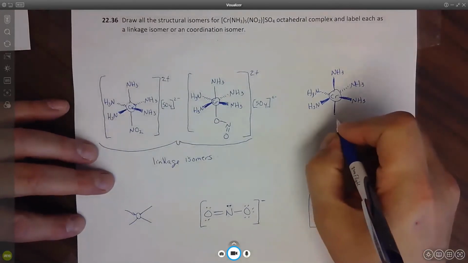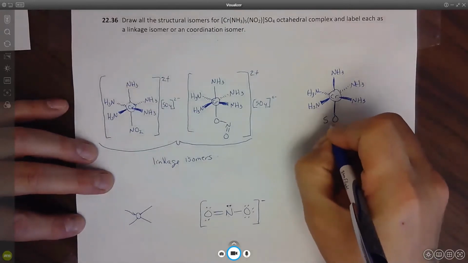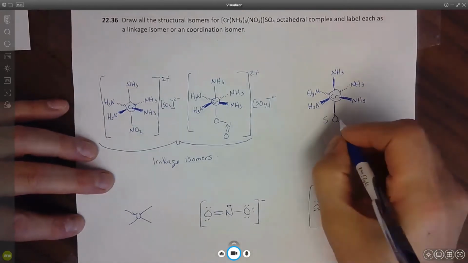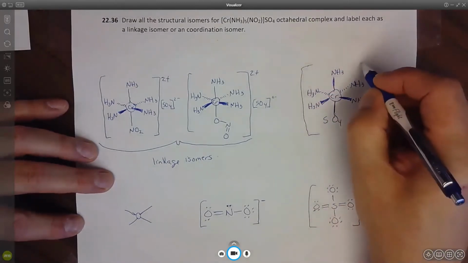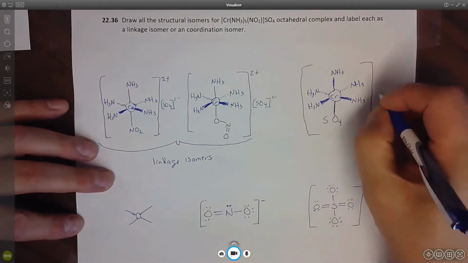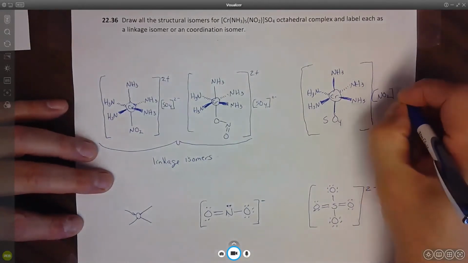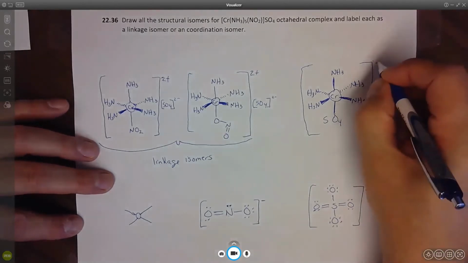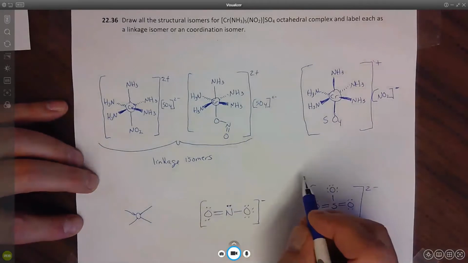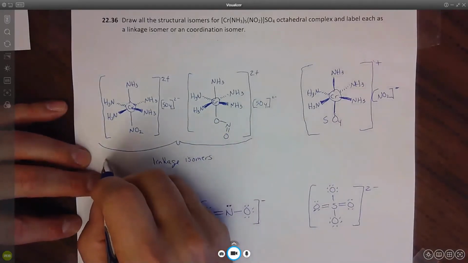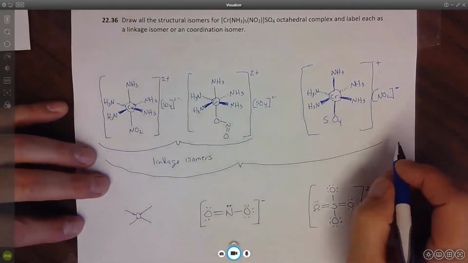So I could just write that like this. So I'll just write SO4 like that. And now in this case, since the counter ion here is going to be the nitrite, which has a -1 charge, that means this complex ion has a +1 charge. So these would represent our coordination isomers.